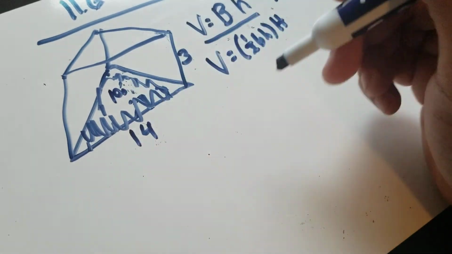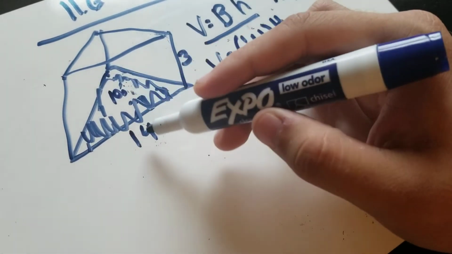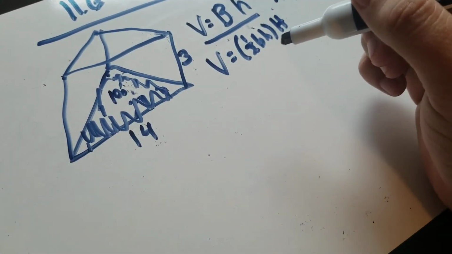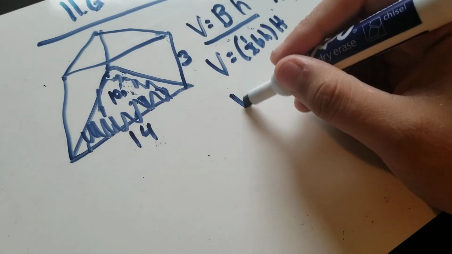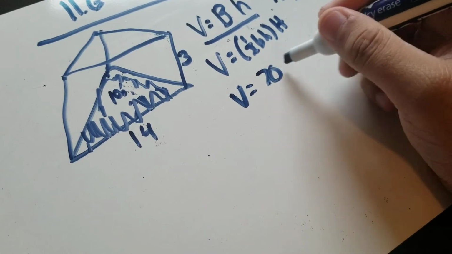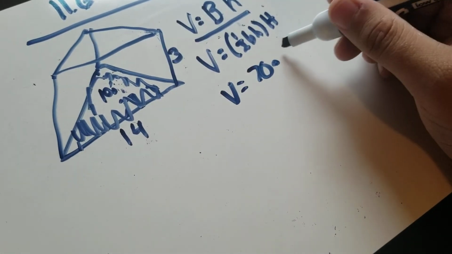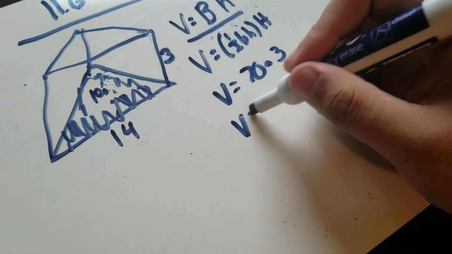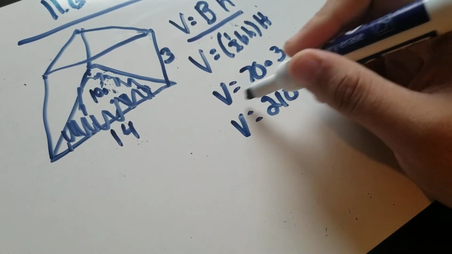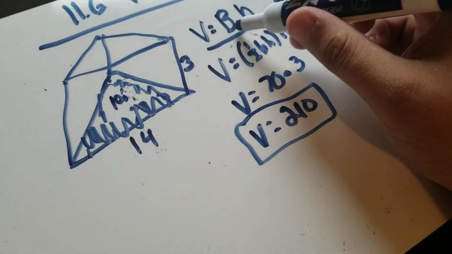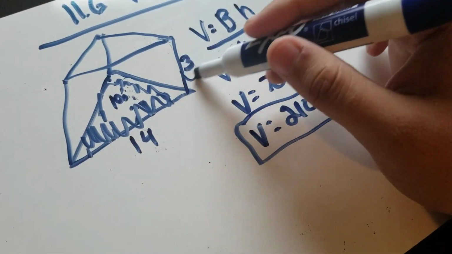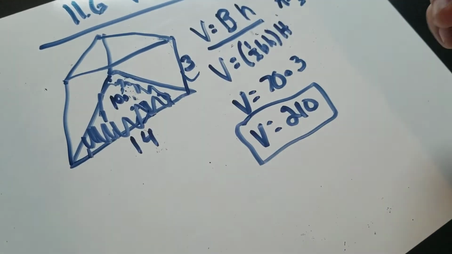So the volume is 10 times 14 divided by 2. 140 divided by 2 is 70, times that 3D height, which is 3. So the whole volume is 210. You're taking your 2D base and just multiplying by the height. In this case, your base was a triangle.